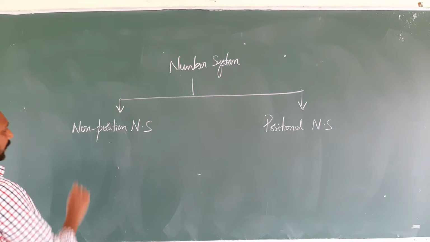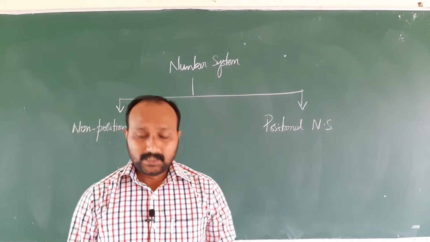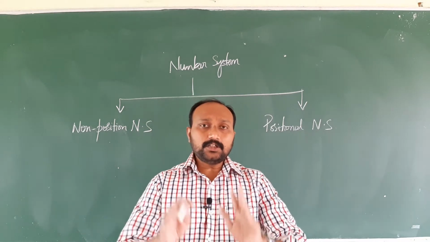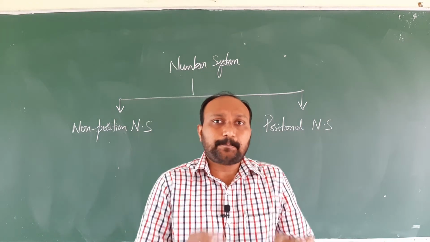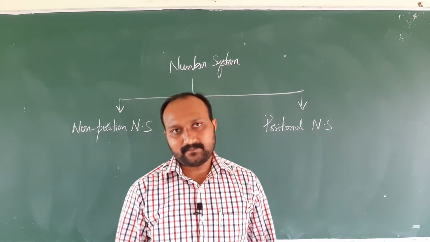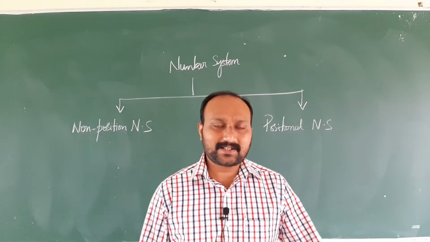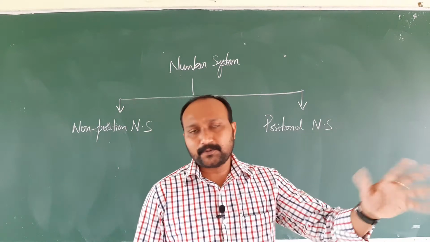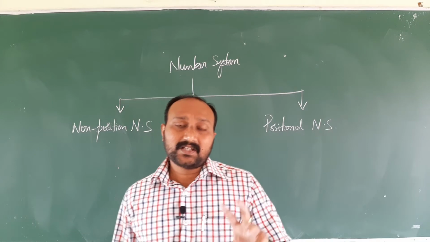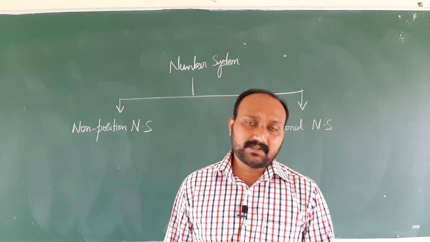So what do you mean by non-positional number system? Nothing but a number system in which we are not at all going to give importance to the position in which a particular digit or a number is present. We are not at all going to consider the position of that particular digit or number. So such a number system is referred as non-positional number system.